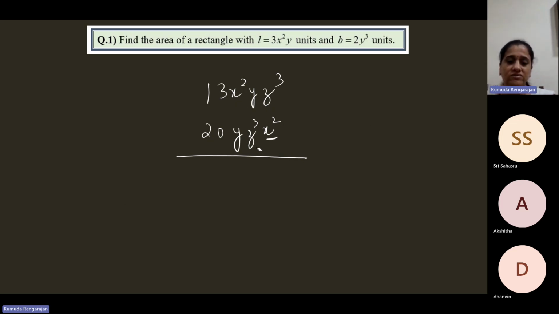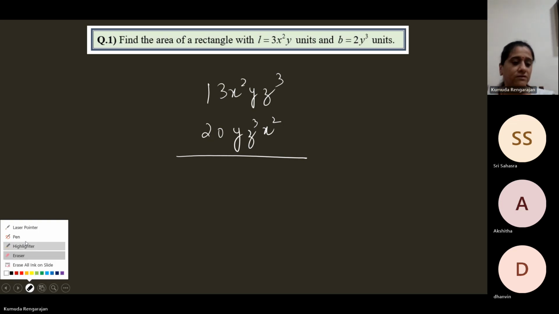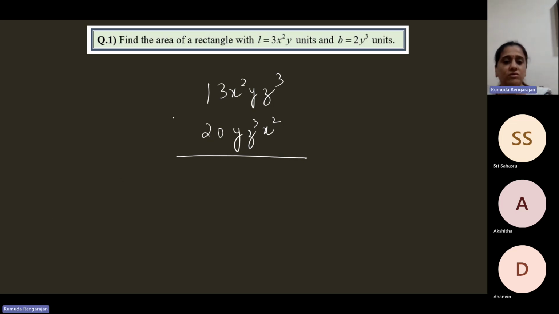That's fine. They are still like terms. So if you have to subtract, plus 13 minus 20 minus 7, then any order you can write. Maybe you can write in the alphabetical order, x squared y z cubed. We'll prefer the alphabetical order.